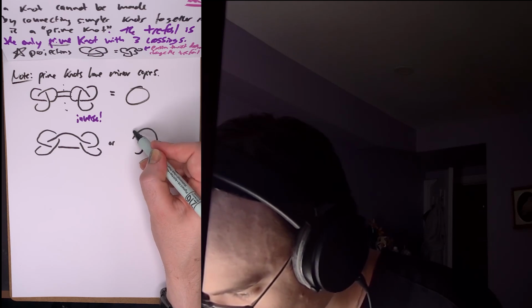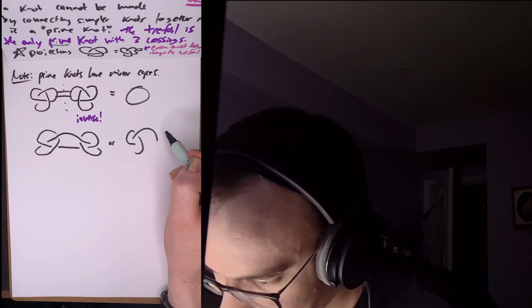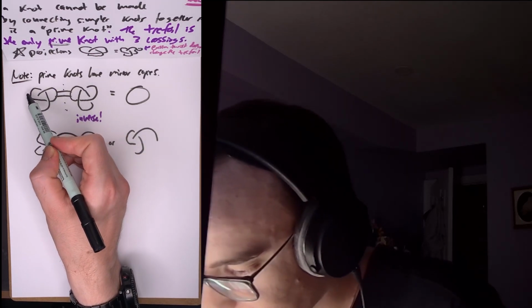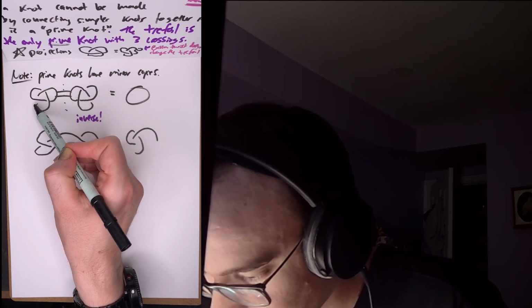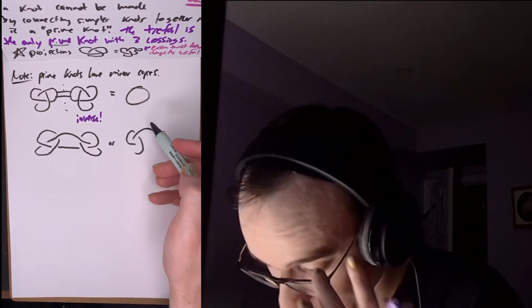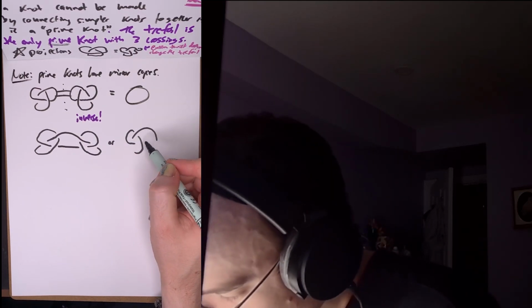We can do this. So let me see, first of all, over, under, over, under, over, under. Good. Okay, so that's working. At the very least, we drew the right trefoils.